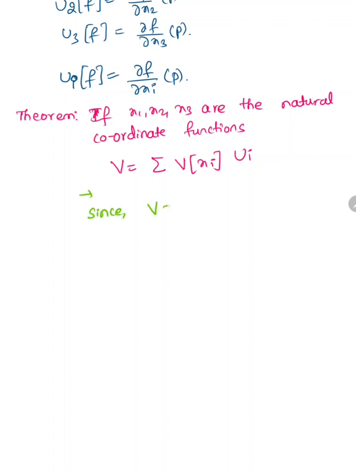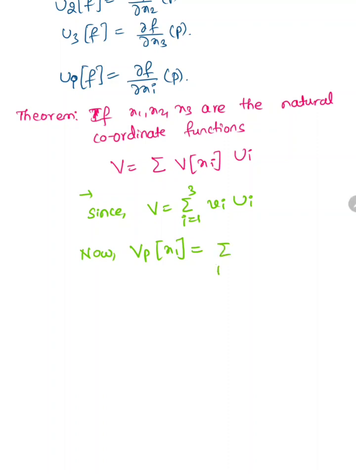Since any vector v can be written as a linear combination of the natural frame fields along with the Euclidean coordinate functions vi's. Now consider v_p of x1, the directional derivative of the natural coordinate function x1 at the point P along the direction of v_p.